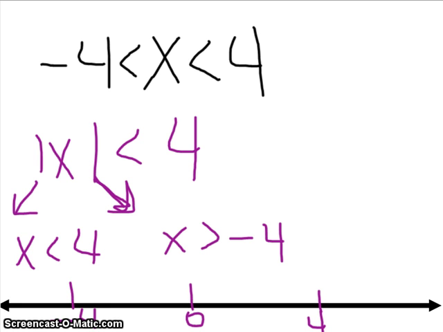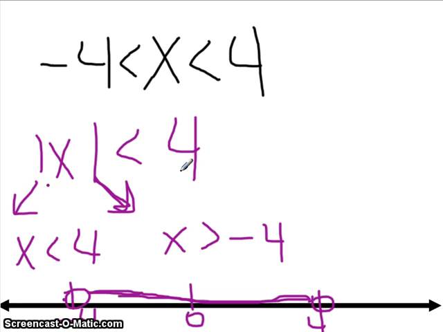So when x is less than 4, I know it's less than, so it's going to be an open circle, and I'm going in this direction, not sure where I'm stopping yet. And x has to be greater than -4, so an open circle at -4, and I'm going in the greater than direction, and then I see where they intersect. So it's this area right here. Those are my values for x that make the statement, the absolute value of x is less than 4, true.